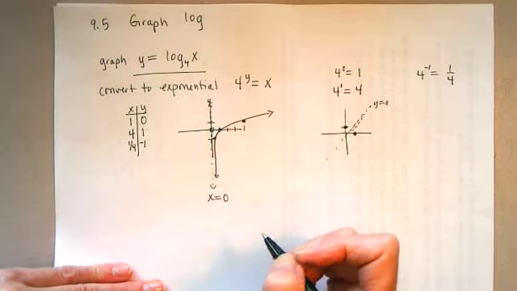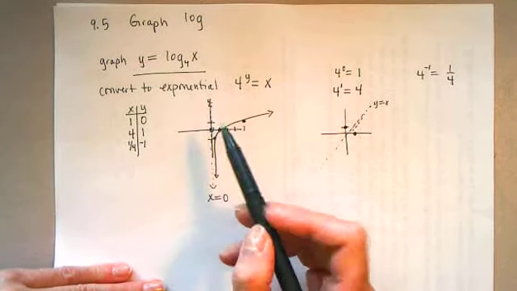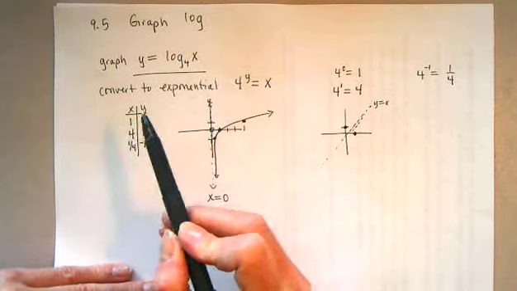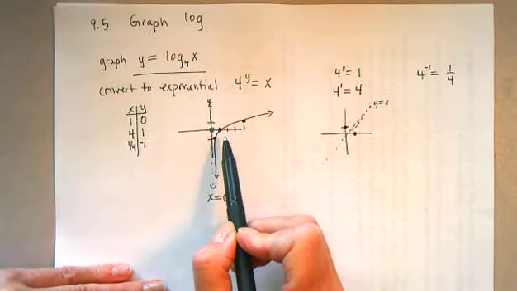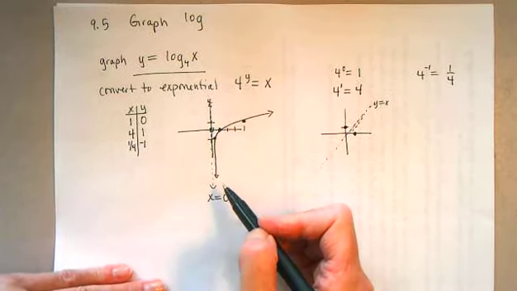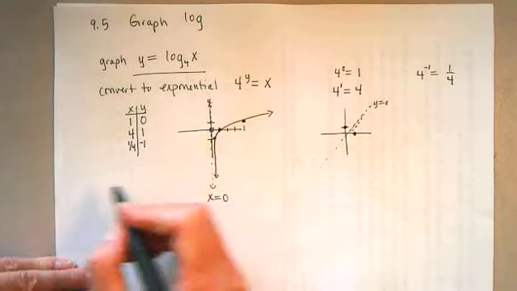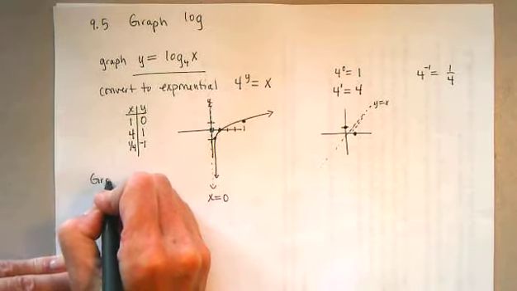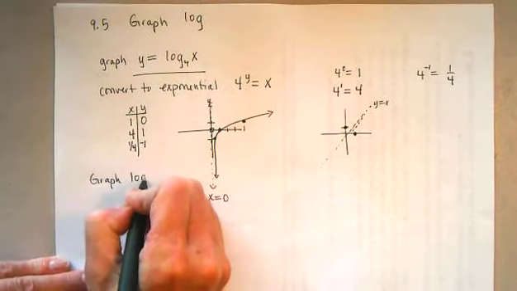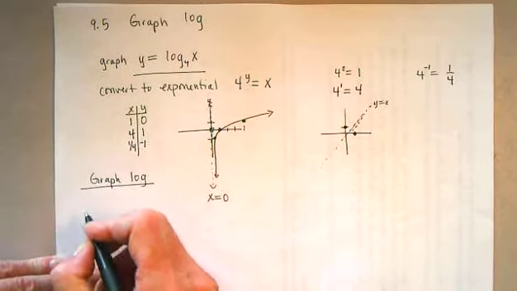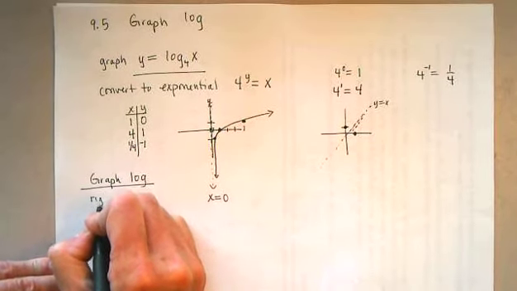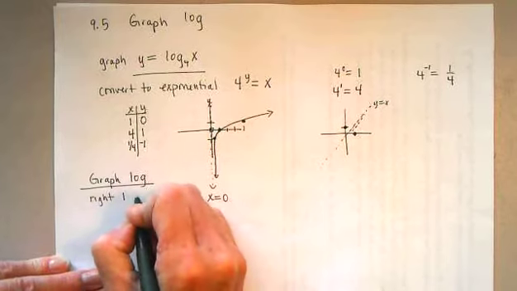But I don't want you every single time to have to convert it to exponential and draw a table and plot points. So we're going to make some rules up. Here's the rules that we're going to use. If I want to graph a log, I know that every single time I go right 1 from your origin.